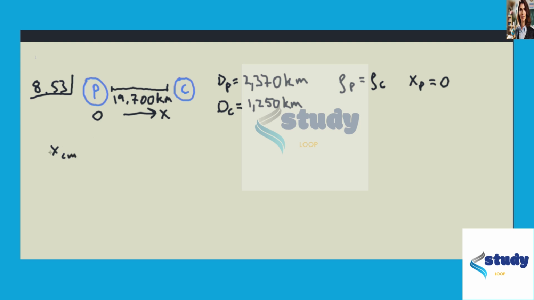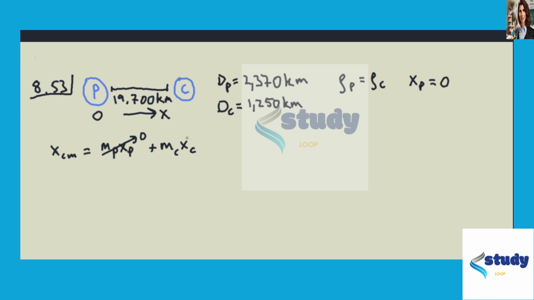So we know that the center of mass position, in this case we only have one coordinate x to worry about, is going to equal the mass of Pluto times its x position, which we've called 0, so that's nice, like I just said. And then the mass of Charon times the position of Charon, which is about 19,700 kilometers away.